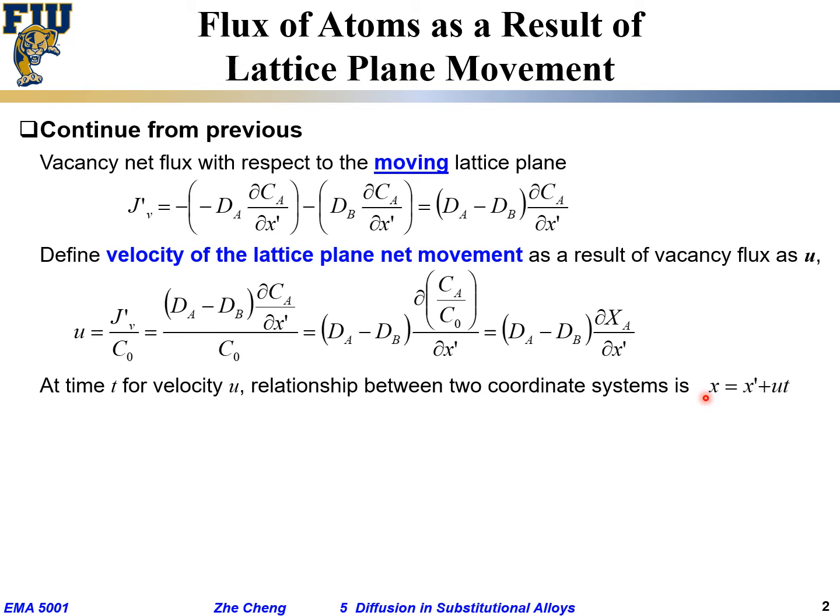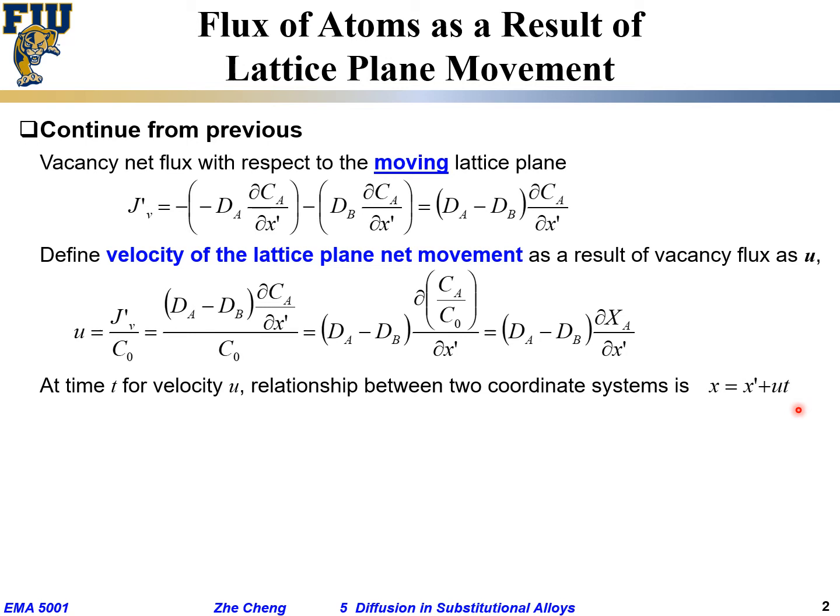Do you see the coordinate system x equals x prime plus ut? When u is 0, which means velocity is 0, x just equals x prime. Make sense? And then for fixed velocity, when t goes longer, the displacement is larger. That's just a linear transformation.